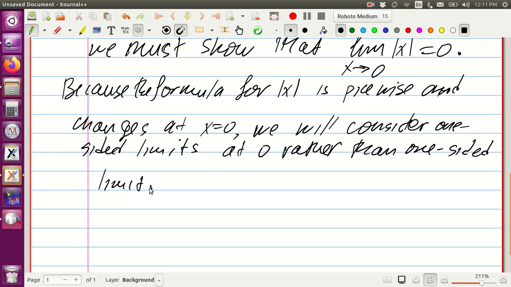All right, so piecewise function, so we use one-sided limits, means we're going to calculate limit when x approaches 0 from right of absolute value of x.